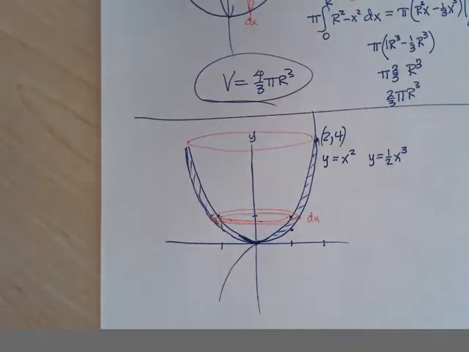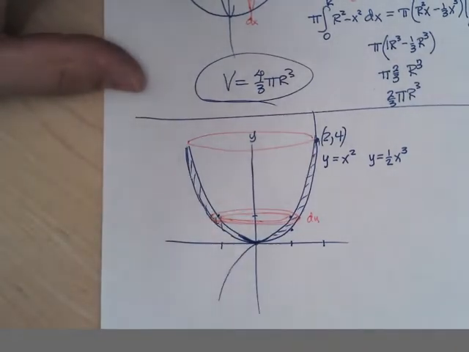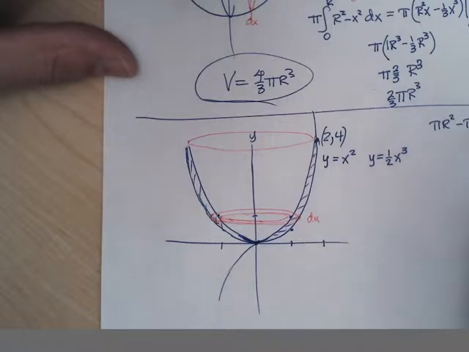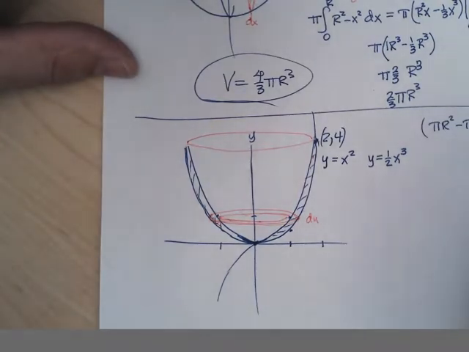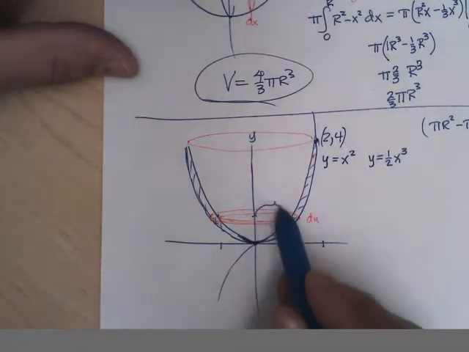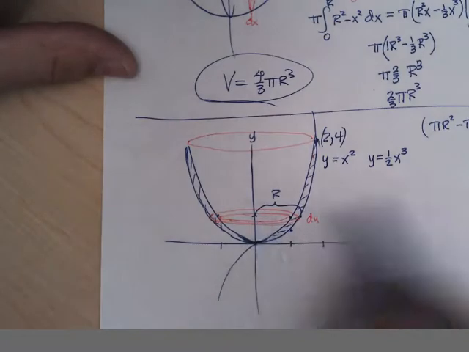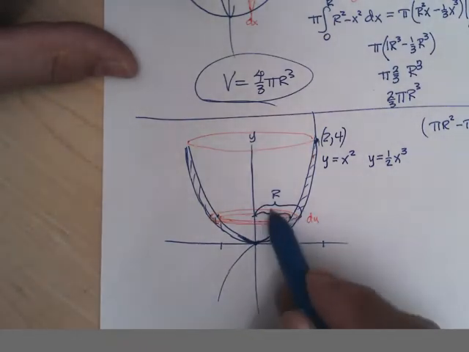Okay? So the volume of that disc is going to be pi R squared minus pi r squared, times the height, which is dy, where capital R is the large radius, and my small r is the radius of the inside.